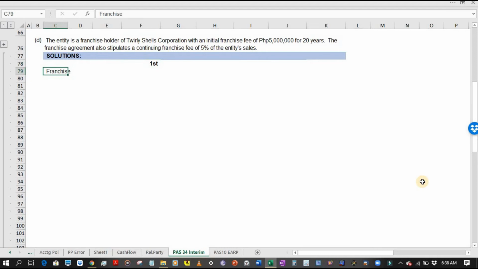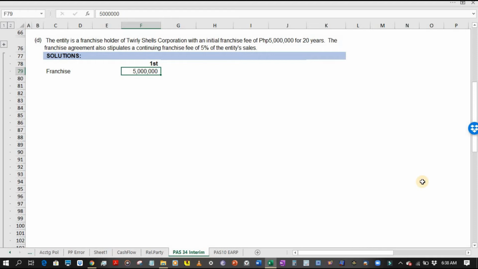So the franchise again is at 5 million pesos, and to compute for the amortization expense for the first quarter, which covers 3 months, January to March, we are going to divide 5 million by 20 years and get the 3 months worth of the amortization expense.